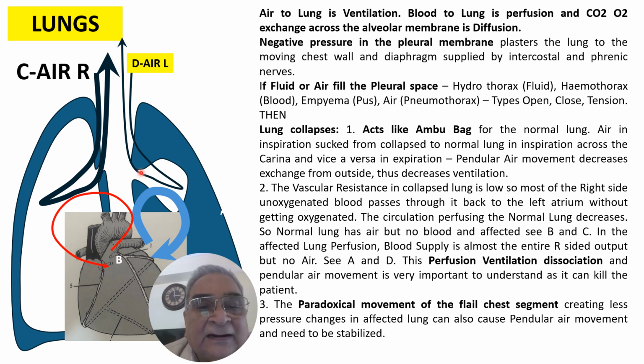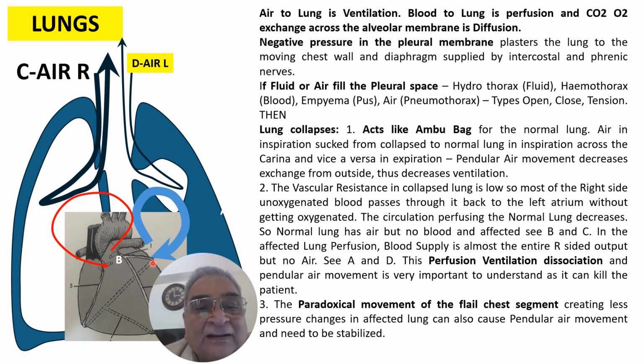The second thing that will happen is that the vascular resistance in the collapsed lung is far lesser. Therefore, the entire right-sided unoxygenated blood output would pass through the collapsed lung and without getting oxygenated will return to the heart. Therefore, this is perfusion-ventilation dissociation.